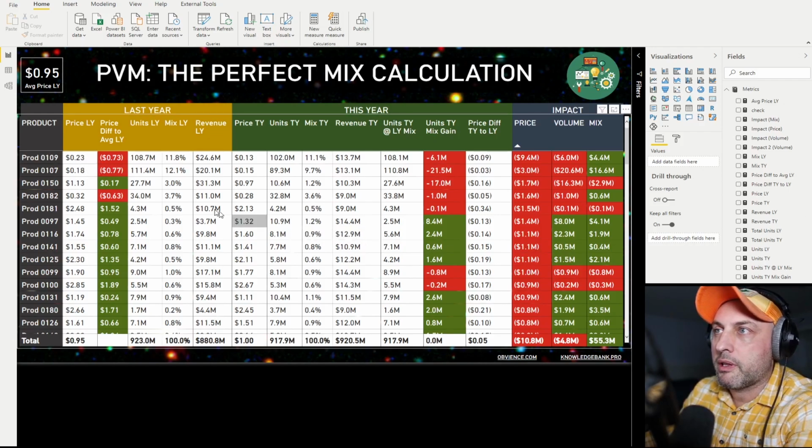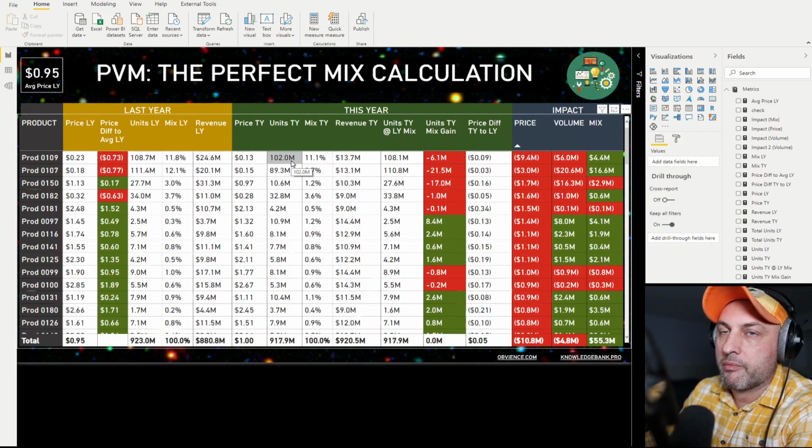So let's keep following the lead. We sold 108.7 million last year, and we sold 102 million this year, which means that we sold fewer of them. So that tells us right here that we're selling fewer of the bad, quote-unquote, items, so we should have a positive mix. To calculate exactly how much positive it will be, we need to do all the other restatements.